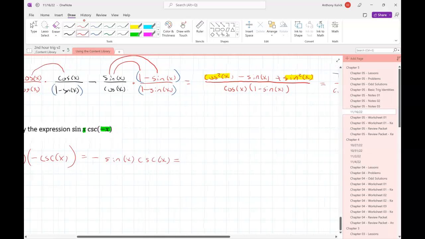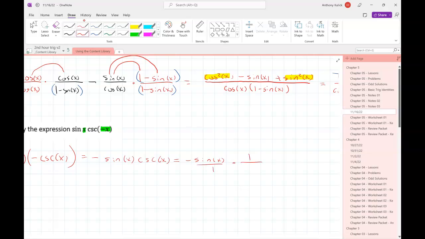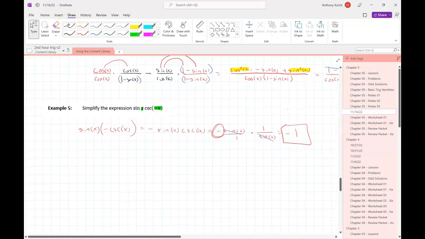It's 1 over sine. So I'm going to think about this as sine x over 1 times 1 over sine x. So what can I do there? And I'm left with just, well, negative 1. Remember, we had this negative sign over here. And we're done. Certainly can't get simpler than negative 1.